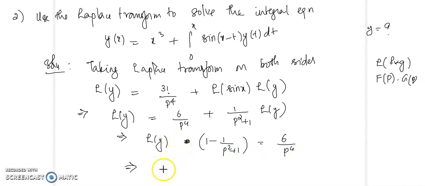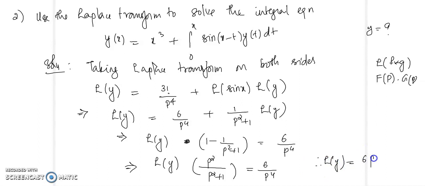So therefore L of y into p square by p square plus 1 is equal to 6 by p raised to 4. So therefore L of y will be 6 times p square plus 1 by p raised to 6.